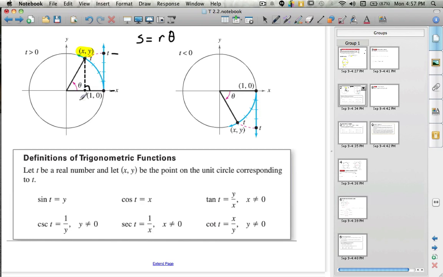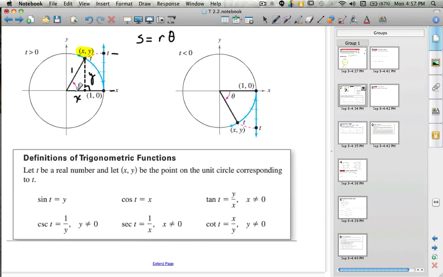The vertical change here is the y-coordinate, that's y, and the horizontal change is x, and we know that the radius of our circle is 1, so our hypotenuse is 1. So sine is equal to opposite over hypotenuse, y over 1 is just y.